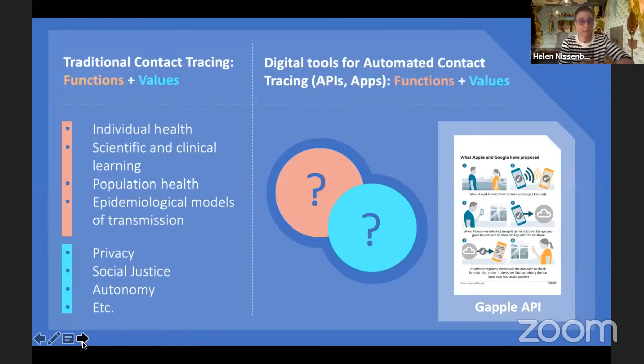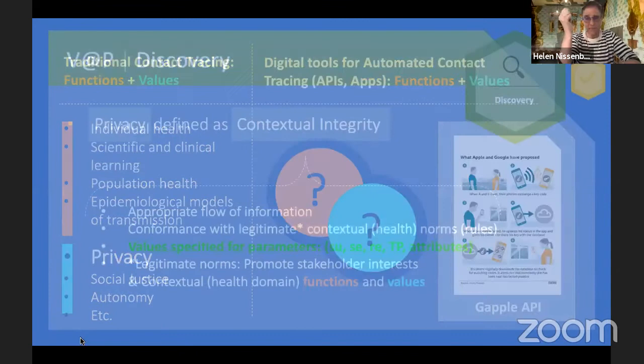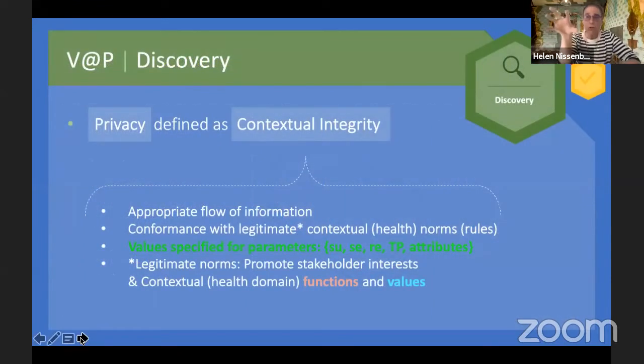At the same time, as you mentioned, privacy is really important, as are social justice, autonomy, and so forth. So the question is, what should your digital tools be in order to achieve these functions and also be consistent with societal values?